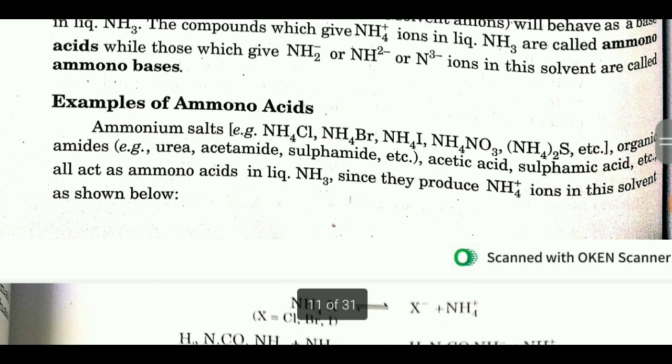Examples of amino acids: ammonium salts, organic amides, acetic acid, sulfamic acid, etc. All act as amino acids in liquid ammonia since they produce NH4+ ions in this solvent as given below.